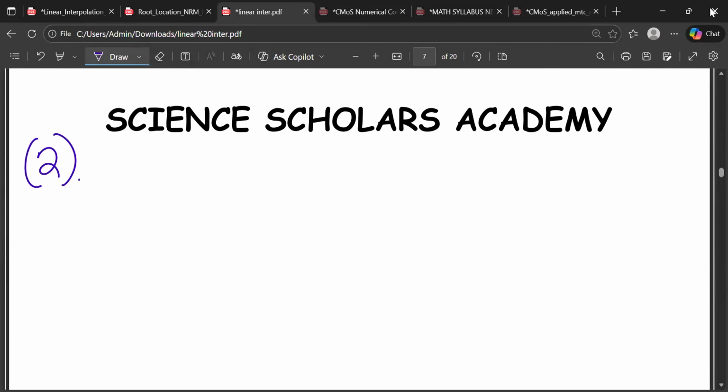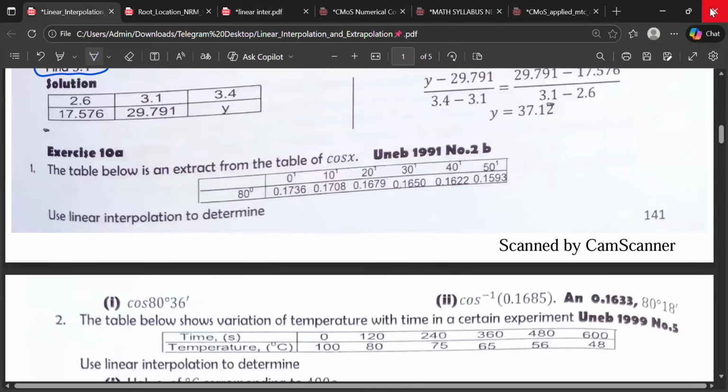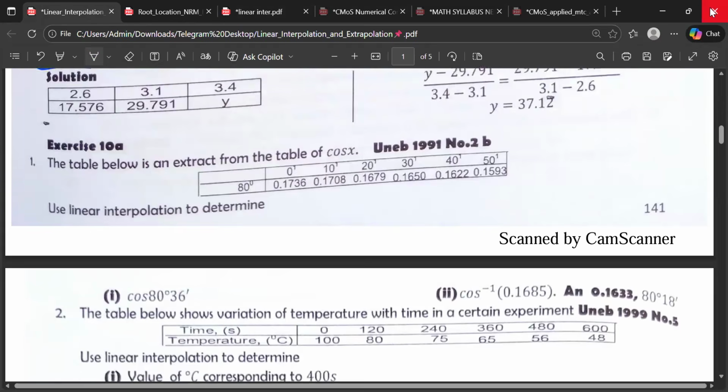So you people saw how we can do trigonometry. Let me see if there is any serious question here. This is time and temperature.